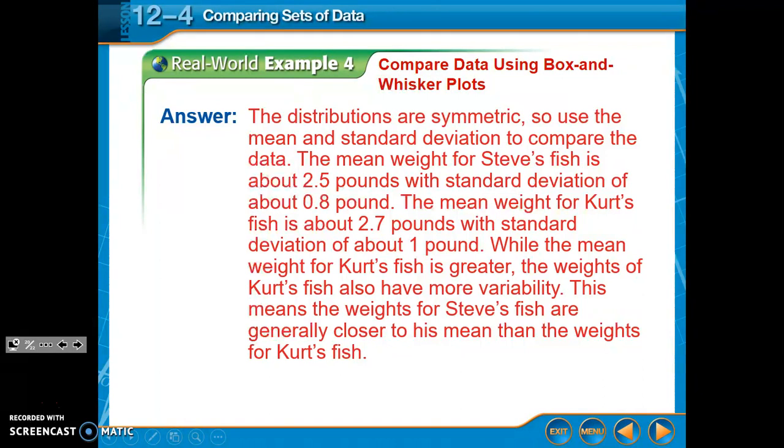So while the weight for Kurt's fish is greater, the weights of Kurt's fish also have more variability, right? Because Kurt had a standard deviation of 1, whereas Steve had a standard deviation of 0.8. So Kurt's weights varied more than Steve's. So this means that the weights for Steve's fish are generally closer to his mean than the weights for Kurt's fish.